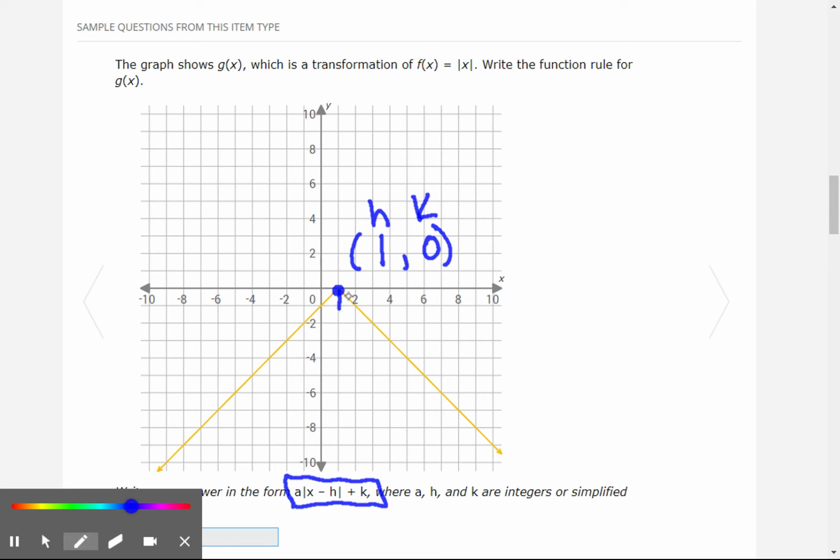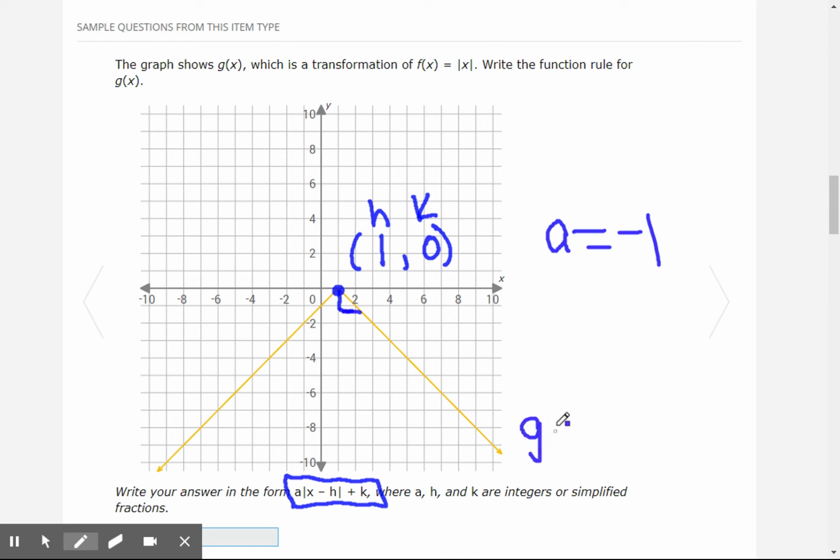And then we're going to be going right 1. So if we look at this, we went down 1 and then right 1. So our a is just going to be -1. So when I write this equation, we have g of x equals -1.